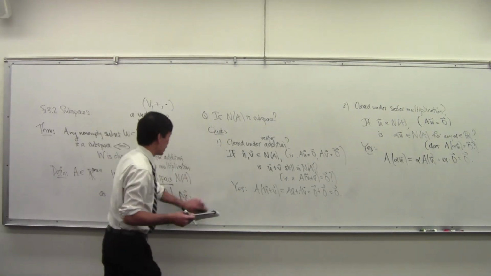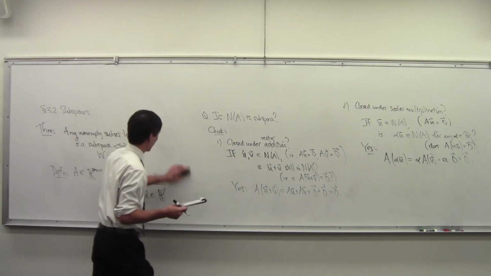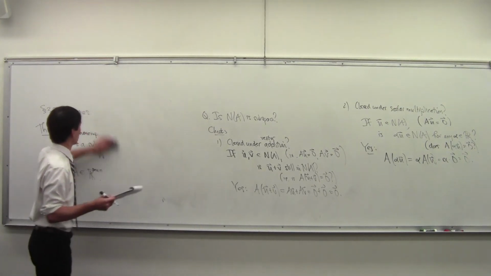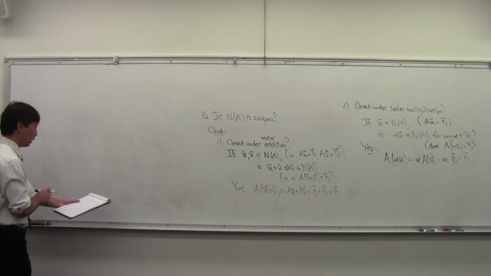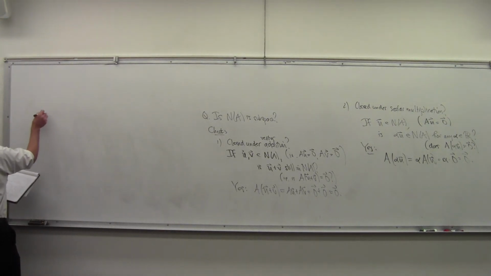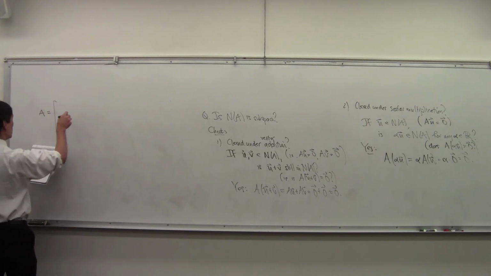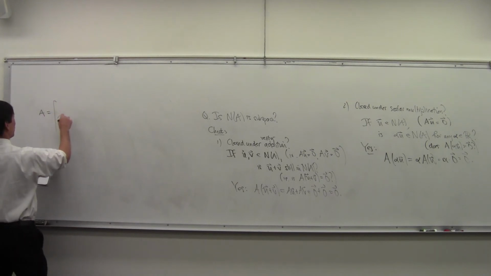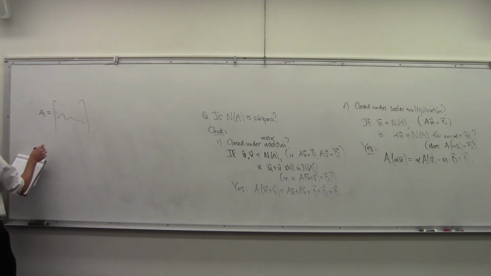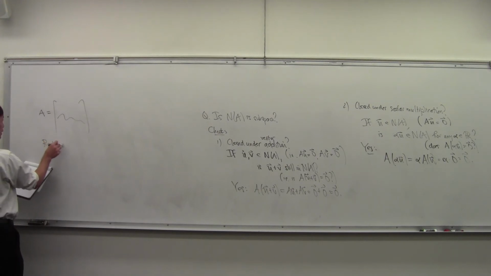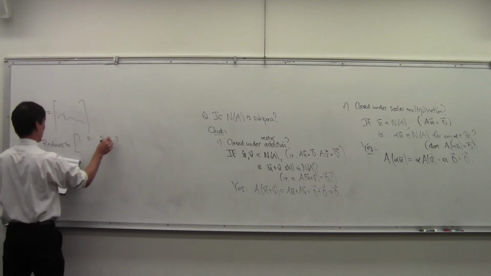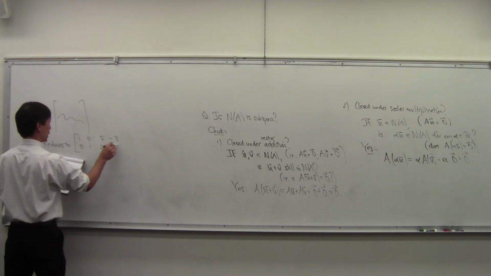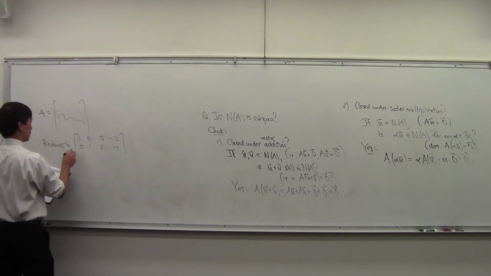Okay, let me do a concrete example. Somebody gives you a matrix A, and it's some huge matrix. I'm not even going to write it down. But this matrix reduces to the matrix 1, 0, 5, negative 3, 0, 1, 2, negative 1, and then a bunch of zeros afterwards.